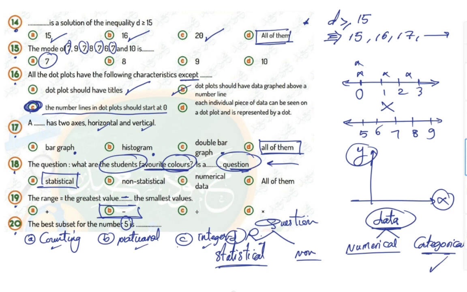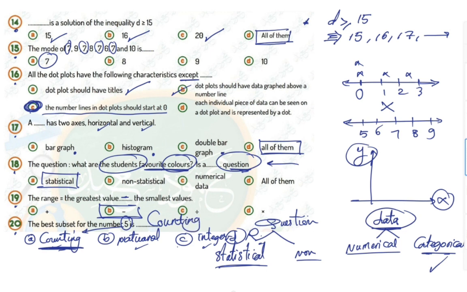I can say the smallest one. Which group of numbers is the smallest? Rational or integers or counting? Of course, counting. And 5 belongs to counting numbers, yes. So the best subset for the number 5 is the counting set.